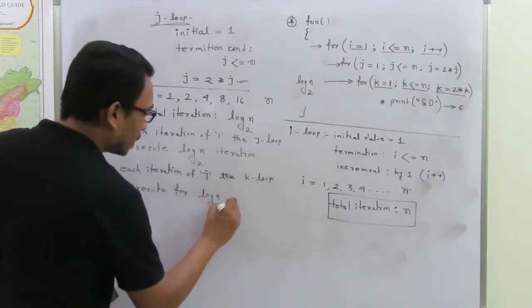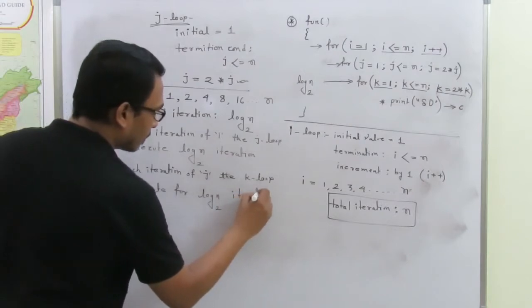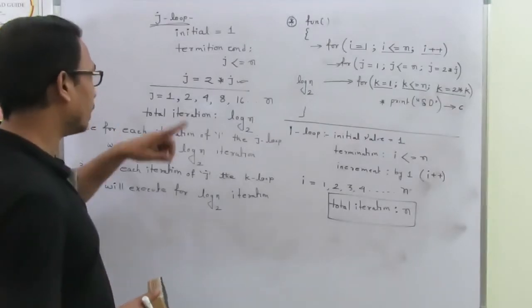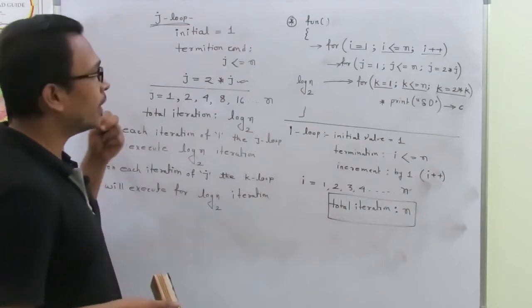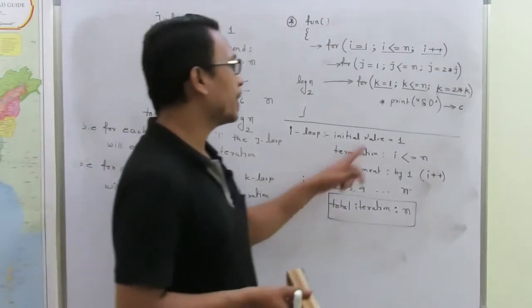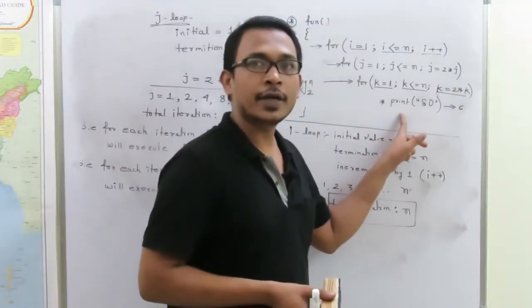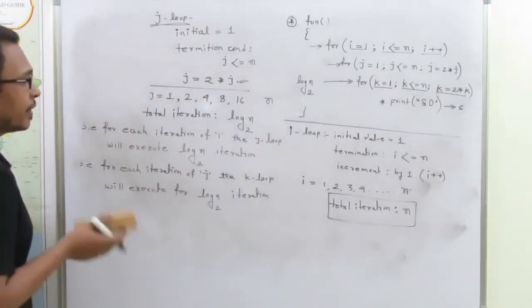Log n base 2 iterations. Clear? So that is the final conclusion. Now we can find the total number of iterations, that means the total number of times this print instruction will execute.